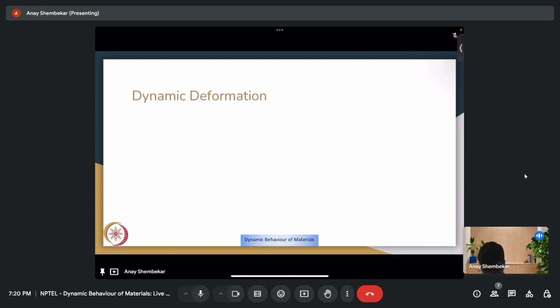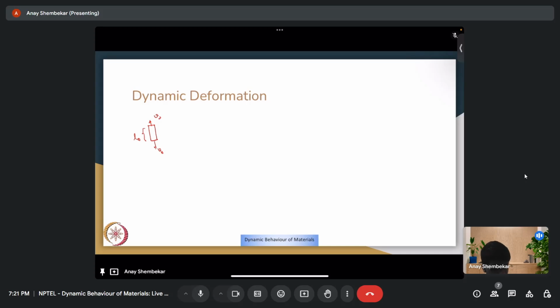Okay. The next concept that we looked at this week was dynamic deformation. So there were different perspectives to the same. Firstly, if we look at it from a testing point of view, suppose I have a rod like this, pulling it say at a velocity v naught, and its initial length is L naught.